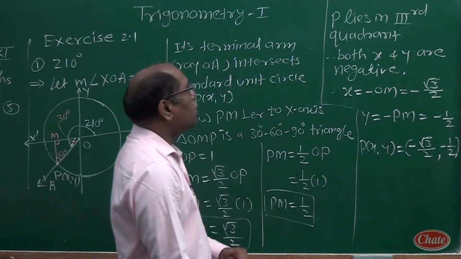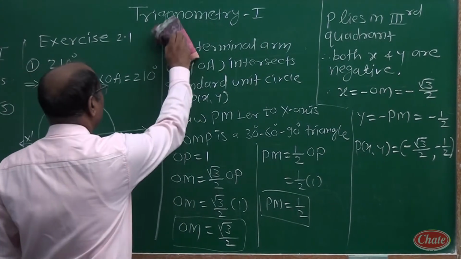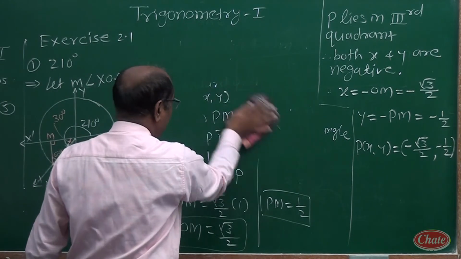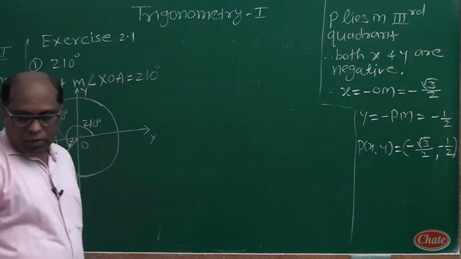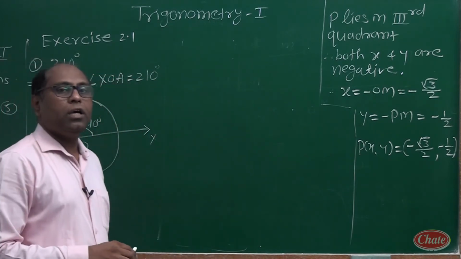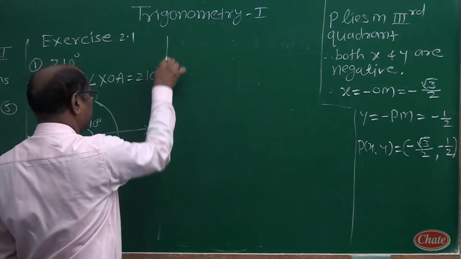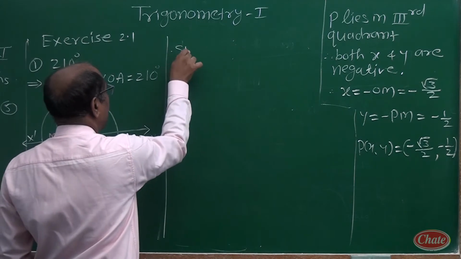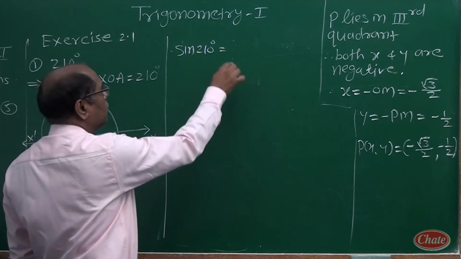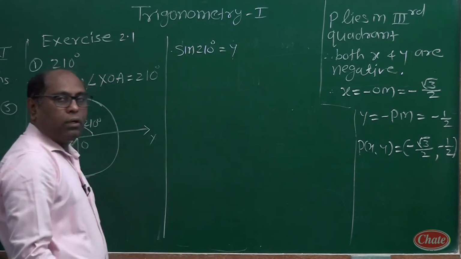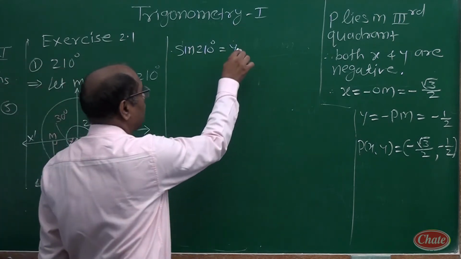Now we have to find the trigonometric functions of the angle 210 degree. So by definition, sin theta is equal to y, cos theta is equal to x. Therefore sin of 210 degree is equal to the y coordinate of P. What is the value of y here?